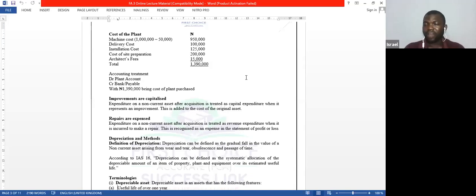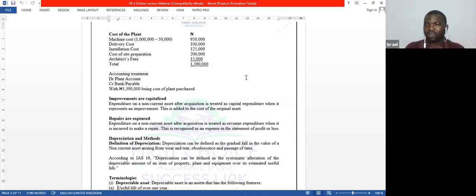If I purchase an asset now, a motor vehicle, the motor vehicle will last me for 5 years. I've entered it into my non-current assets as 1 million. It is there on my assets, 1 million. I purchased it in December ending. So in January, I use it.